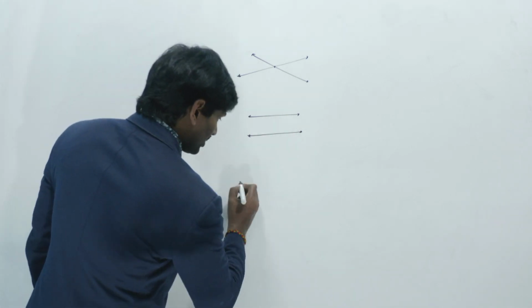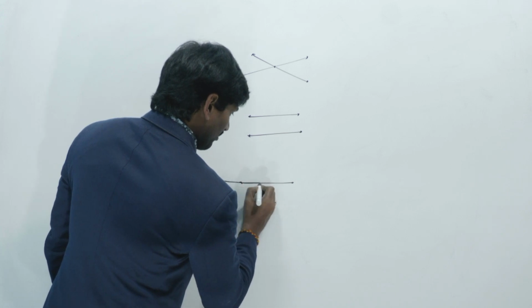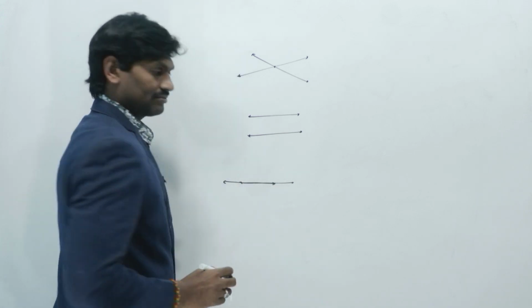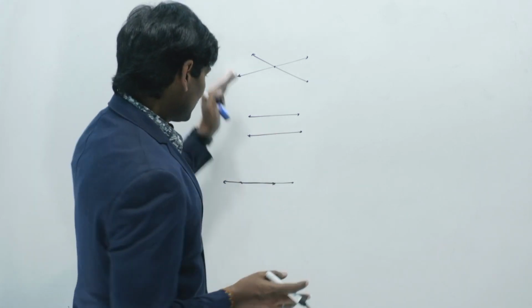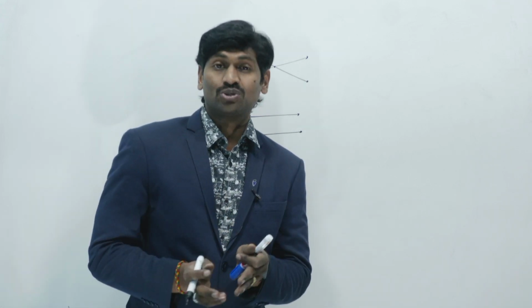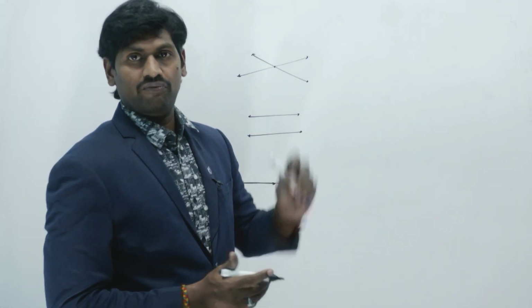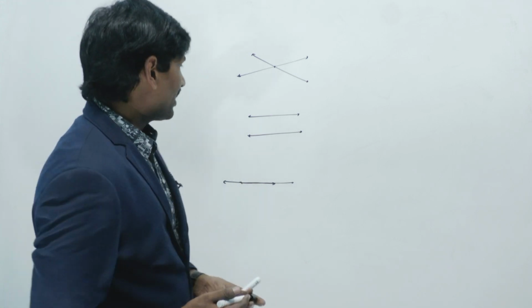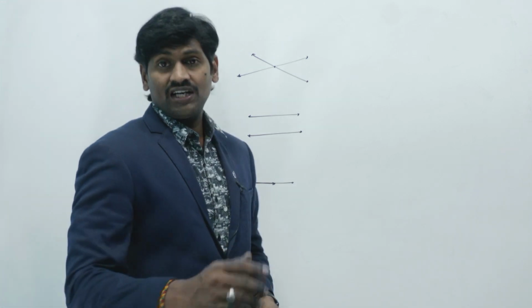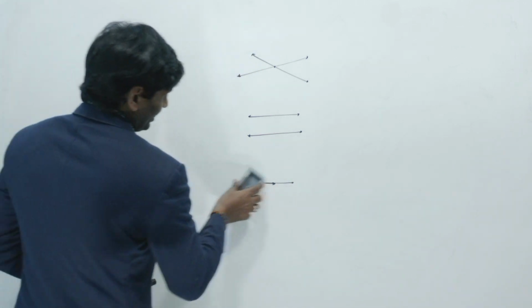And the third situation is they coincide with each other. So these three are the only situations when you take two straight lines in a plane surface.